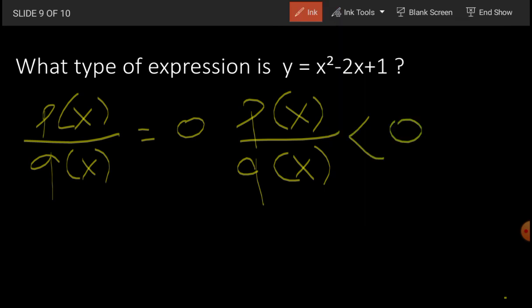So these are the rational inequalities. The symbol that separates the polynomials and 0 is not an equal symbol.